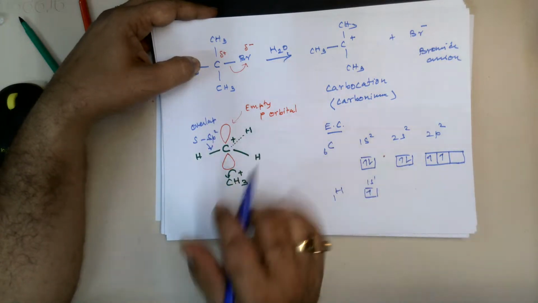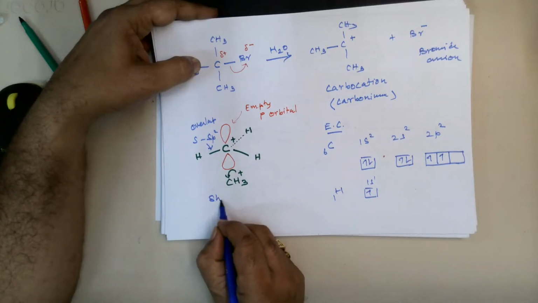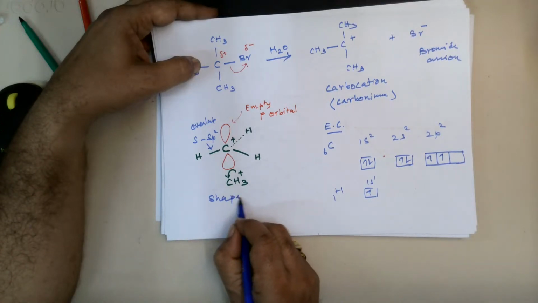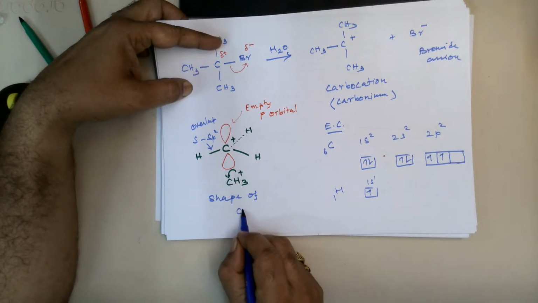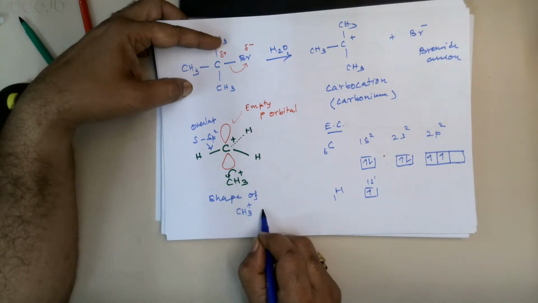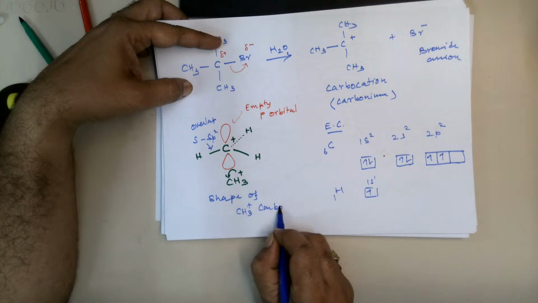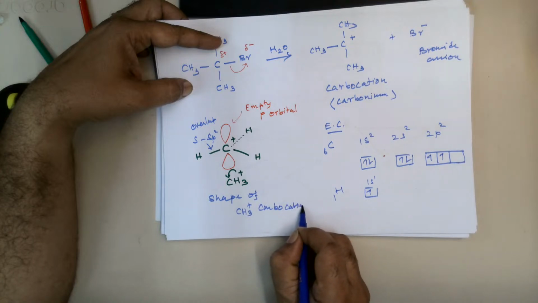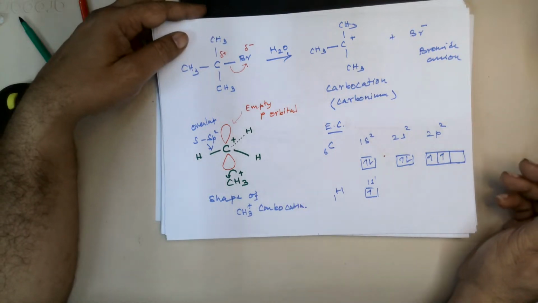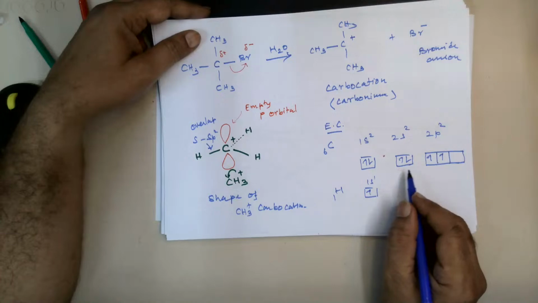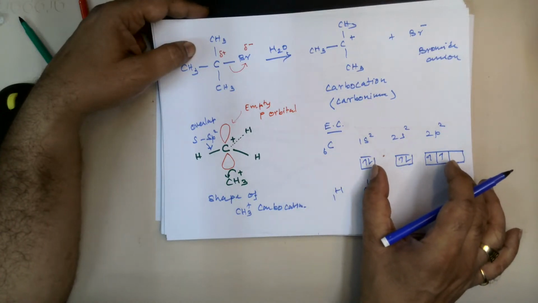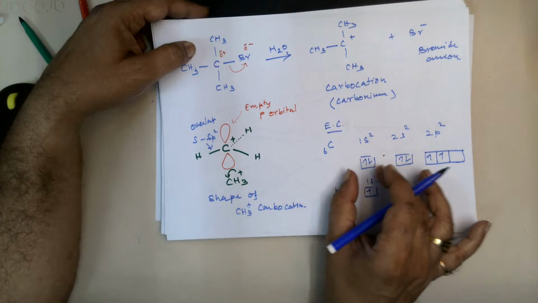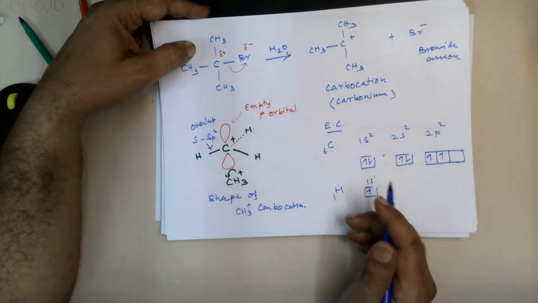Okay, so this is the shape of the carbocation, that is the CH3 plus carbocation. Are you able to follow? So actually, when carbon is alone, it will have this configuration, that is 1s2, 2s2, 2p2.